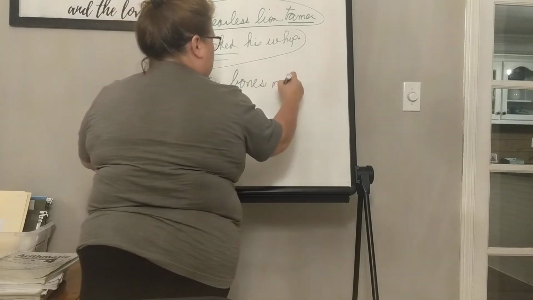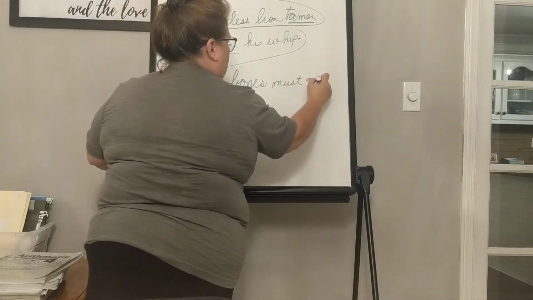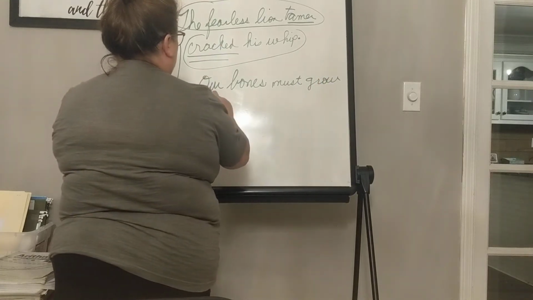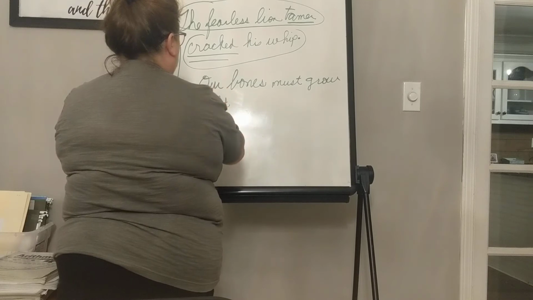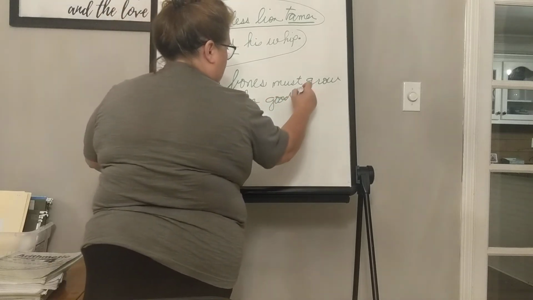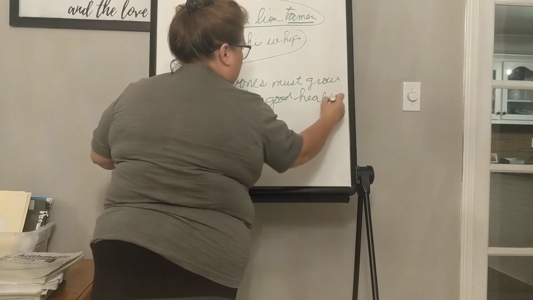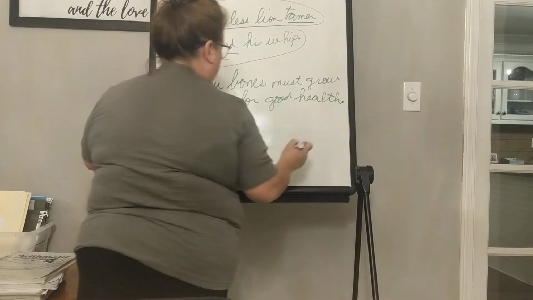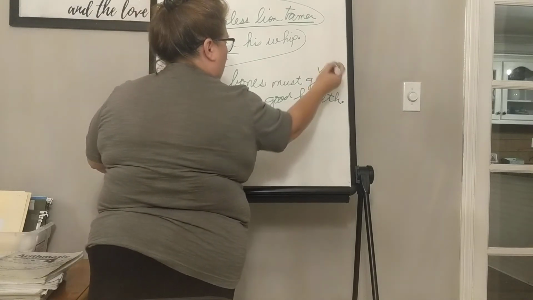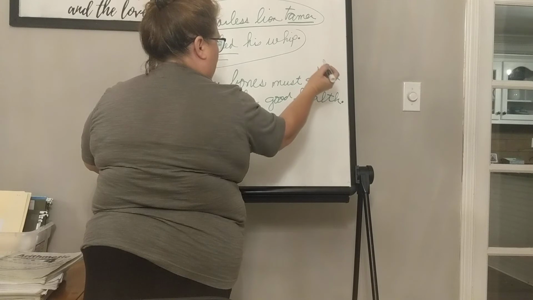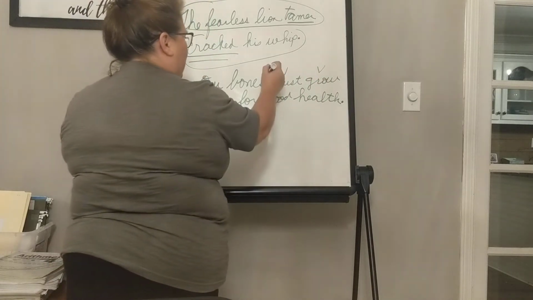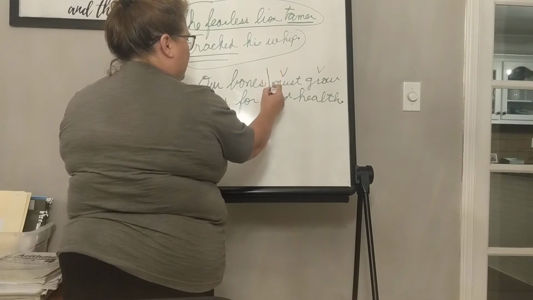So what is our verb? Grow is our verb. Pardon me. Must grow is our verb. Our vertical line goes right in front of the verb.